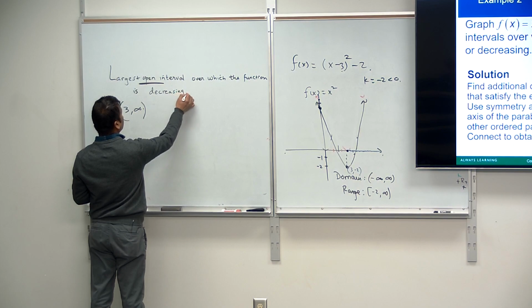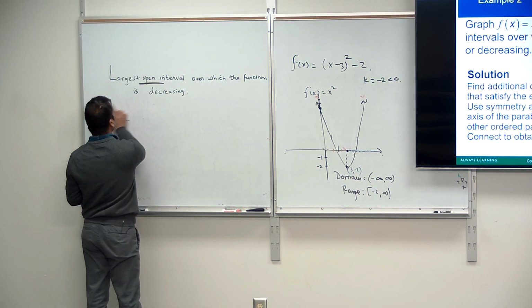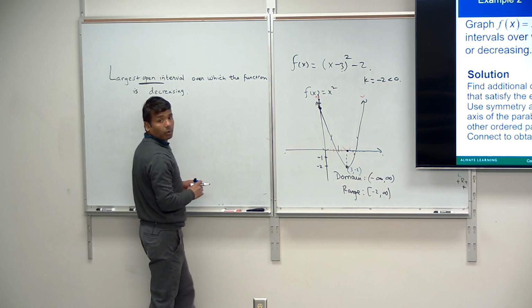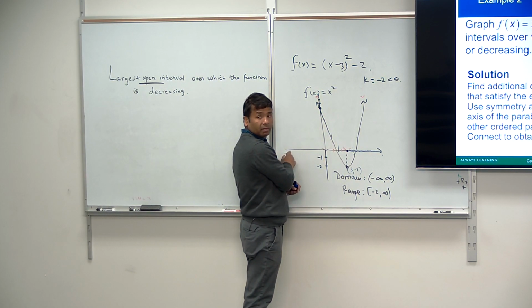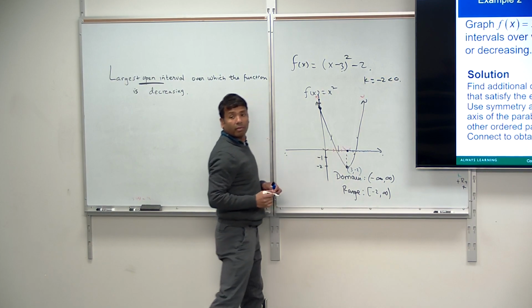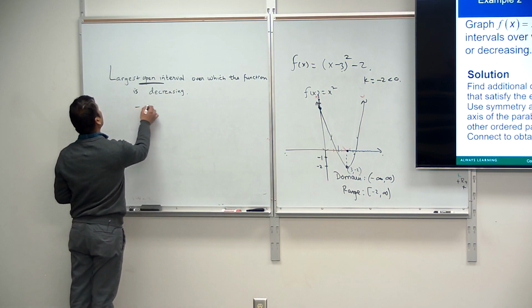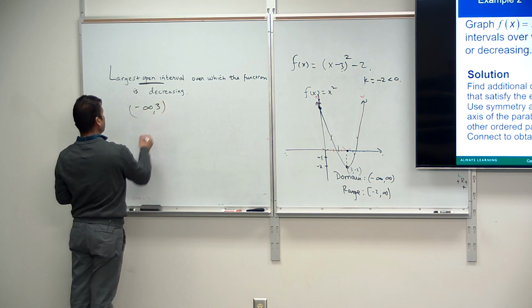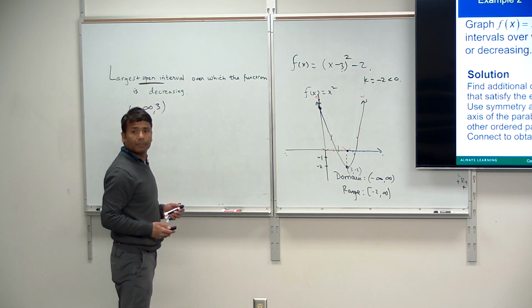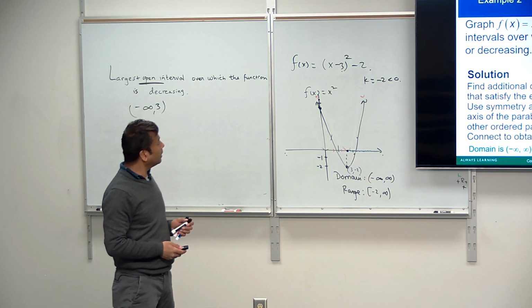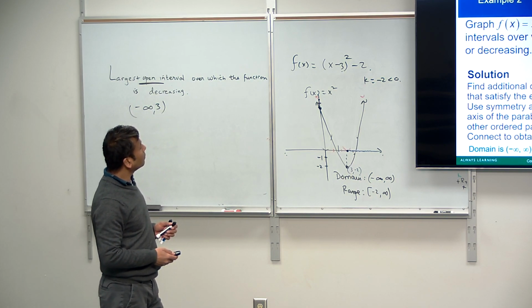What is the largest open interval over which the function is decreasing? Negative infinity all the way up to 3. Negative infinity, 3. Make sense, guys?